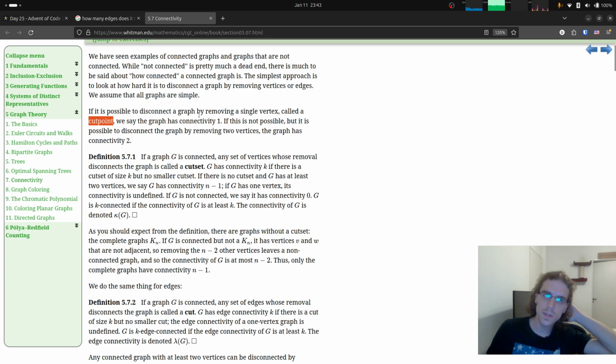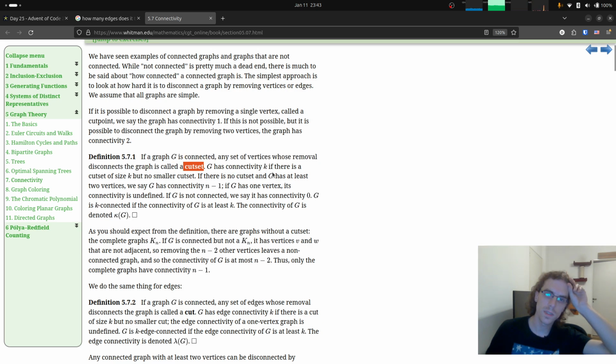If it's possible to disconnect a graph by removing a single vertex, called a cut point, we say the graph has connectivity 1. But these are vertices, not edges. So, okay. If a graph G is connected, any set of vertices whose removal disconnects the graph is called a cut set.